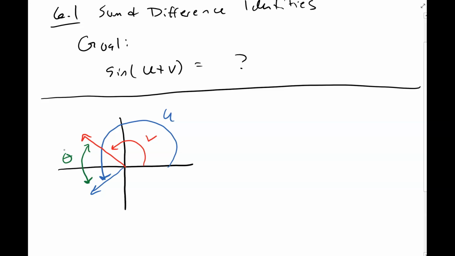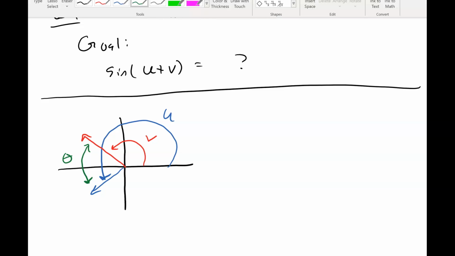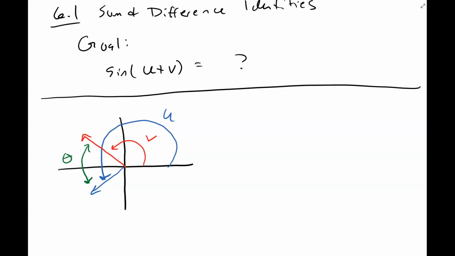What is the relationship between angle U, V, and theta? What kind of relationship can I draw between those three angles? What was that, Mark? Excellent. Everybody agree with that? So that's what I'm going to be using.